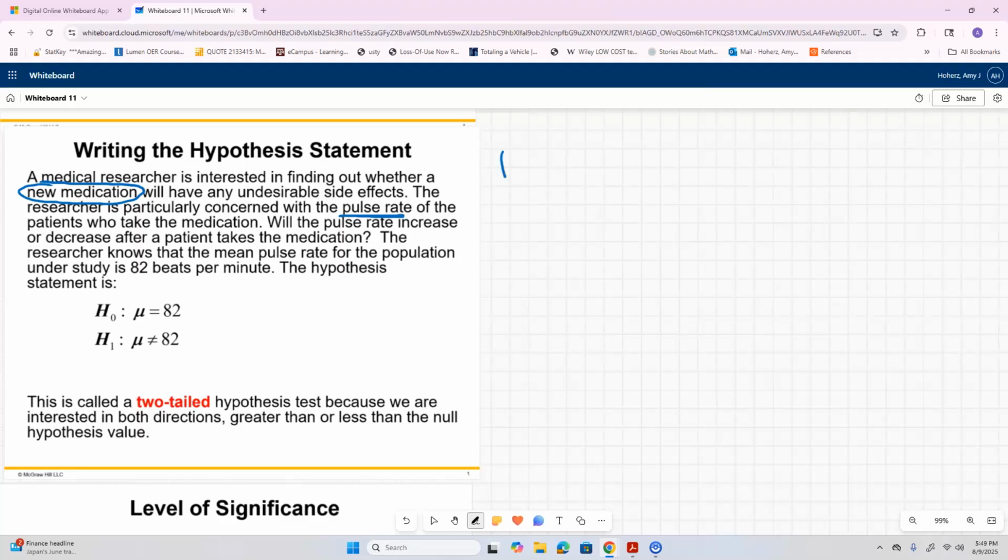So in this case, we don't have a greater than or a less than. We have our known population from past studies as being an average of 82 beats per minute. I guess the pulse rate is the same thing as the heart rate. And then in this case, the researcher wants to know if with the medication, the average will not be 82. They're concerned about whether it goes up or down.